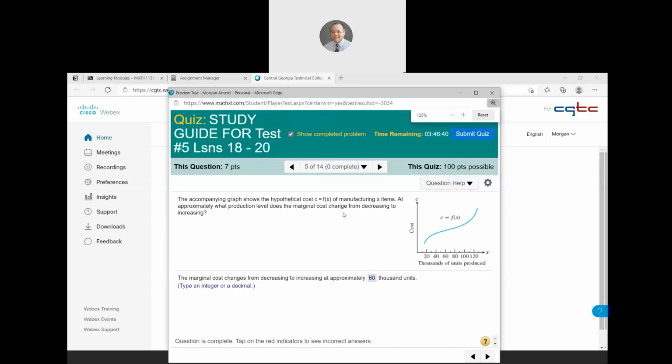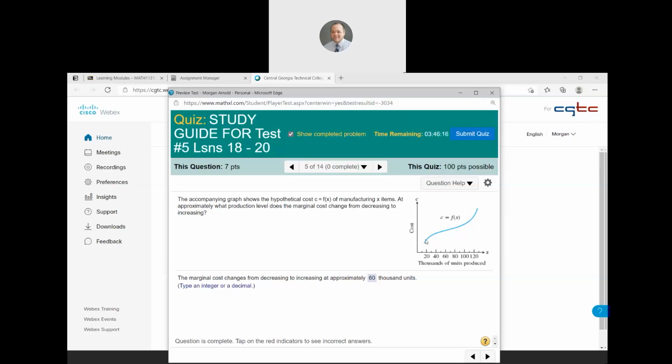So the point where the marginal cost changes from decreasing to increasing, that would be where, well, a couple of indicators. Where your graph changes concavity, that is an indicator.